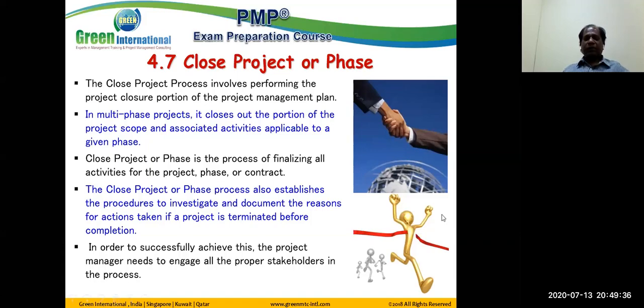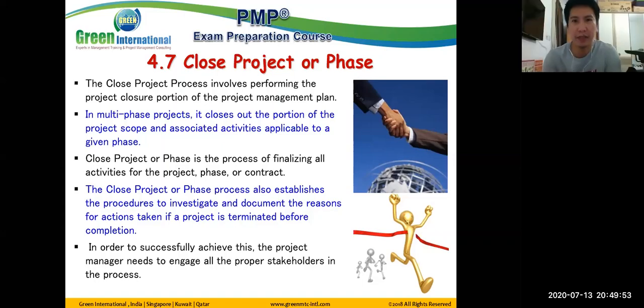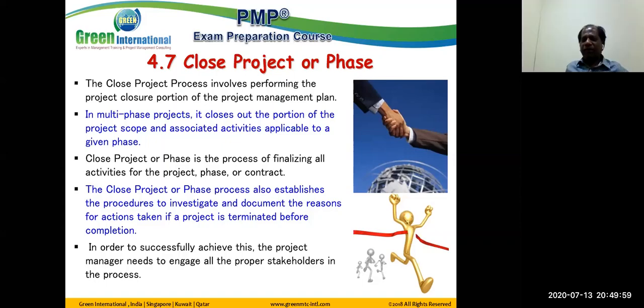What is close project? The close project process involves performing the project closure portion of the project management plan. What does that mean? Closing a phase of a project, closing part of the project. Where is it closing part? Where have we defined the closing part?